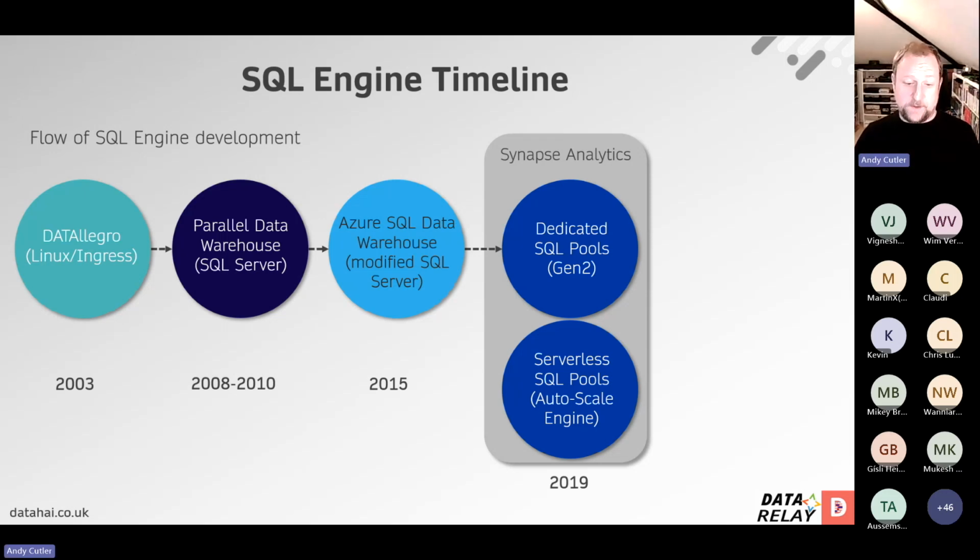There was a white paper a few years ago called the Polaris white paper, which talked about a fault-tolerant, multi-node, automatic distributed engine for data processing. Ultimately, the engine that Microsoft wrote for Serverless SQL Pools was based on this concept.